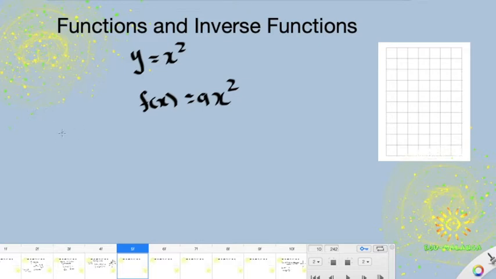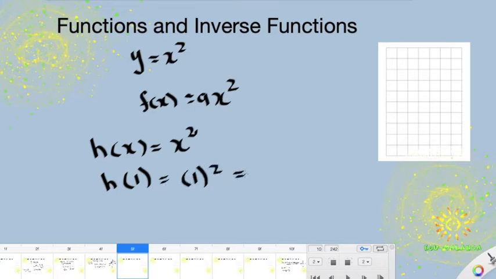So then I'm going to call this graph h(x) because we already did f(x) in the previous table, and I want to call it x squared. Then I'm going to substitute values of x. At x equal to 1, I substitute: 1 squared is equal to 1. Why is 1 squared equal to 1? Because it essentially is 1 times 1.